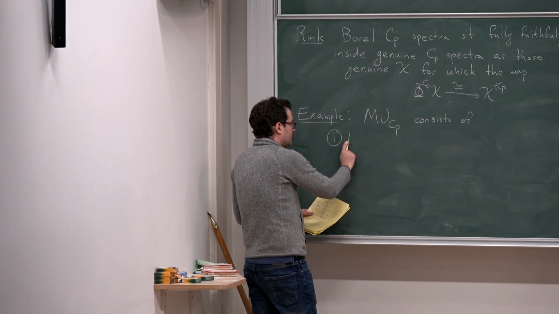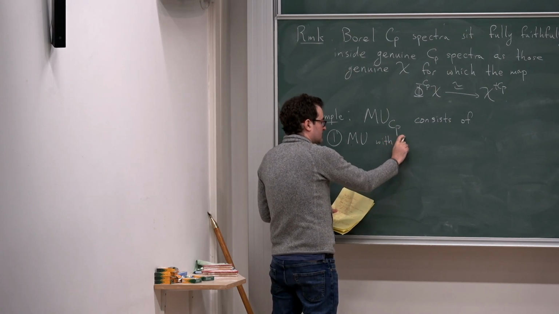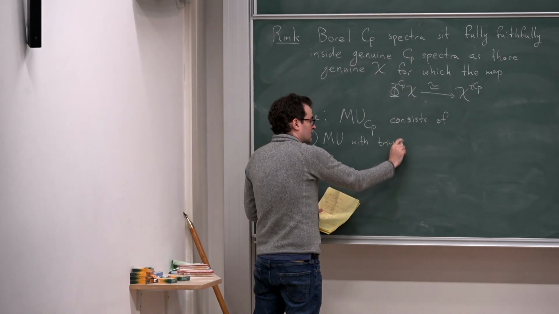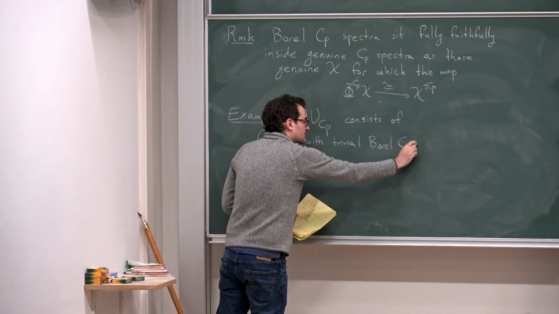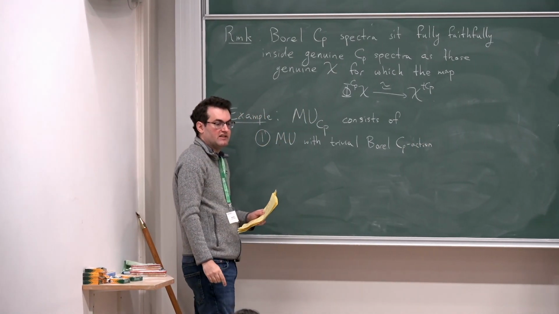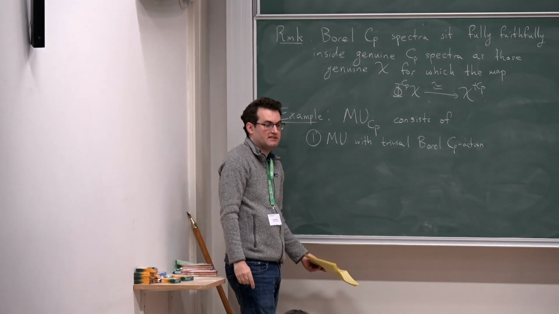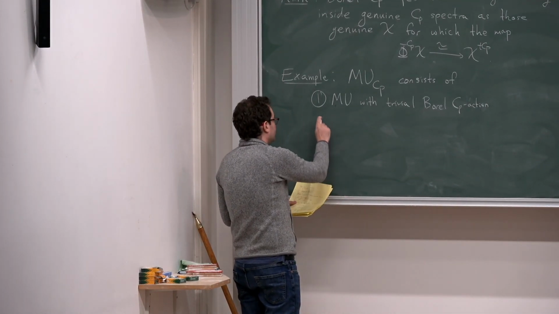And the Borel spectrum will just be MU with trivial Borel C_p action. In other words, I take the constant functor from BC_p to spectra whose value is MU. That's somewhat boring as a Borel spectrum.